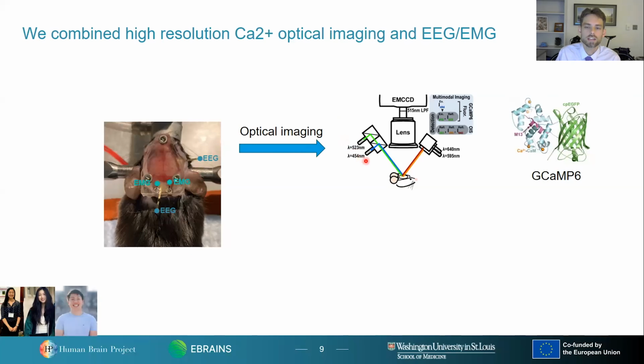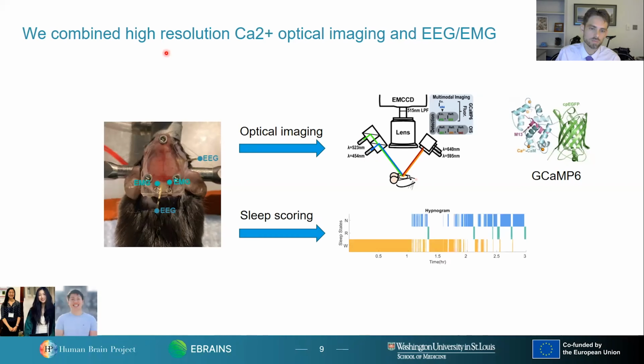And then we can shine blue and green light to get a direct readout of neuronal activity on a meso scale. We then combine this with traditional EEG and EMG to classify the behavioral state as either non-REM, REM, or wakefulness. And we can record this continuously for 3 hours.